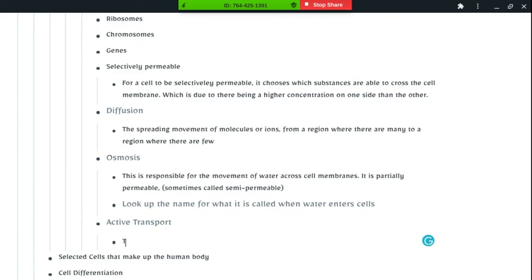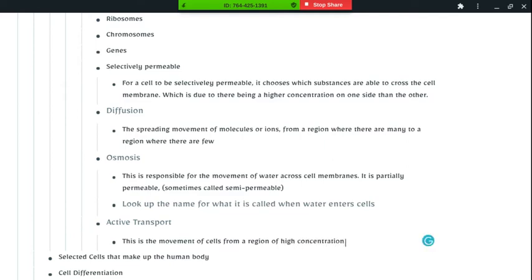So it's the movement of cells from an area of low concentration to high concentration, right, without the partially permeable situation, right?